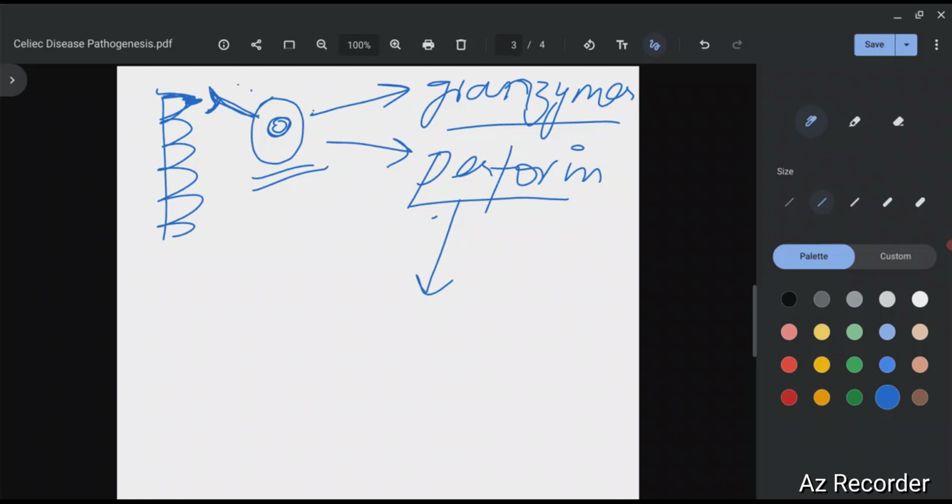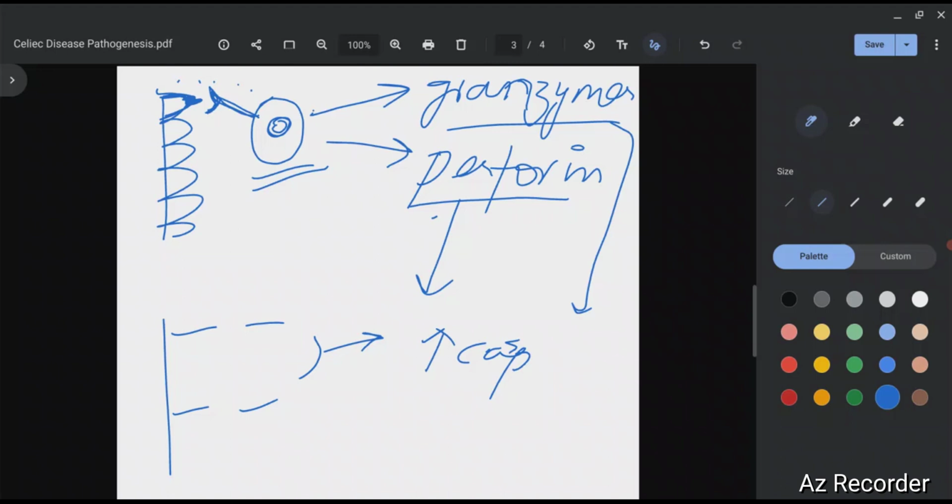So when perforins are secreted onto this enterocyte by cytotoxic T cells, the enterocyte will have holes in the cell membrane, and when the cell membrane is damaged, the cell is no longer able to live. And granzymes will increase the activation of caspases in the mitochondria, and these caspases are going to increase apoptosis.